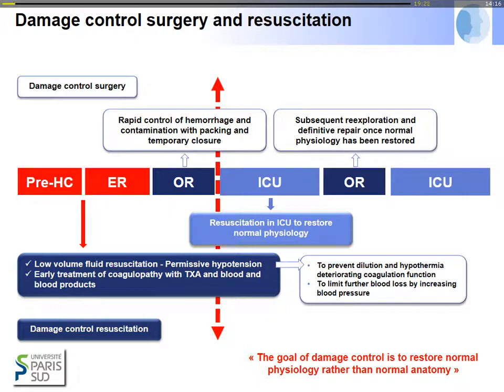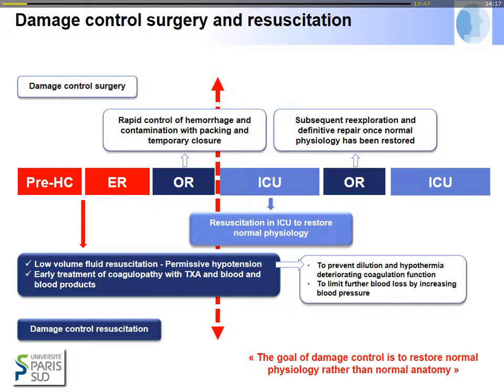We do this with a damage control resuscitation strategy. So we try to not give too much fluid, a low volume fluid resuscitation, and we try to tolerate permissive hypotension to prevent dilution, hypothermia and deterioration of the coagulation.